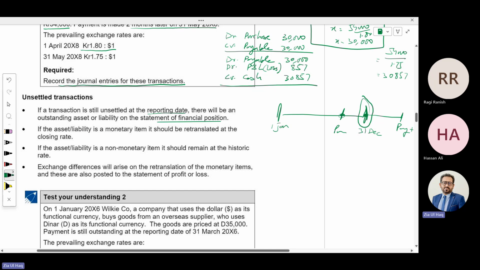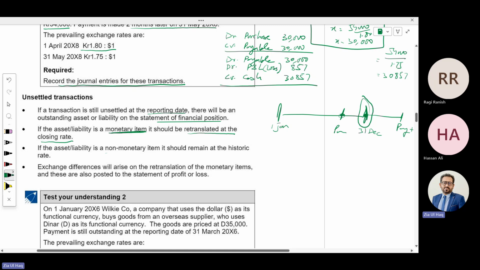If the asset or liability is a monetary item, that can be easily converted into cash, such as receivables, payables, loans, debentures, loan notes, bonds, it should be retranslated at the closing rate. Closing rate means the rate at year end time.